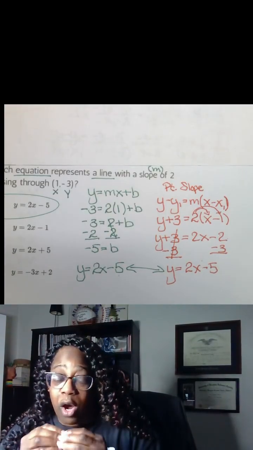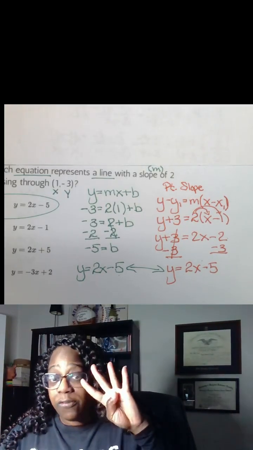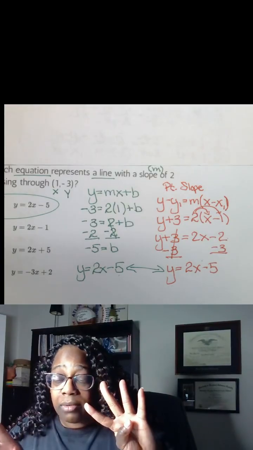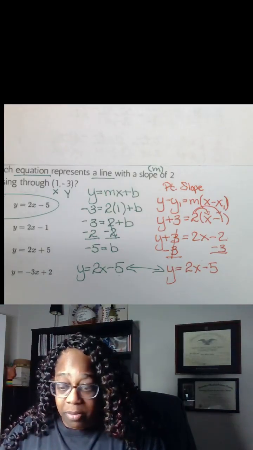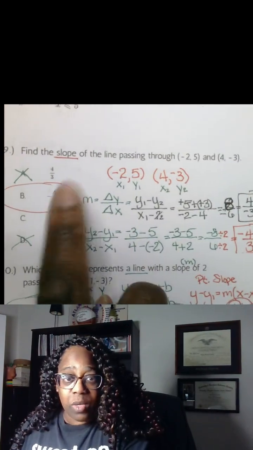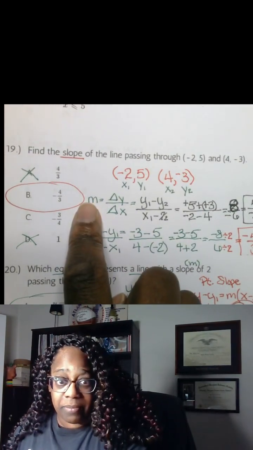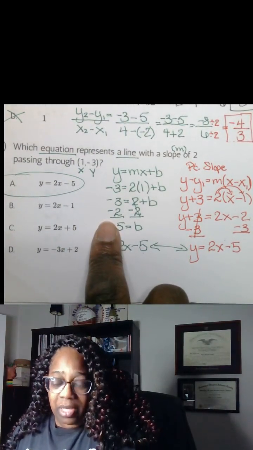So if you are trying to get your GED, those 4-point questions, this is what they are. Listen up. Anything dealing with slope, like this question that we had for number 19, that's a 4-point question. Finding the equation of the line, that's a 4-point question.